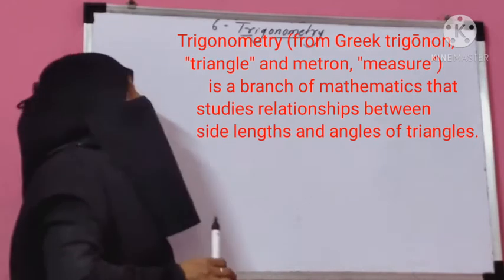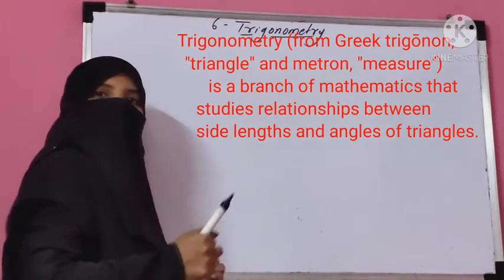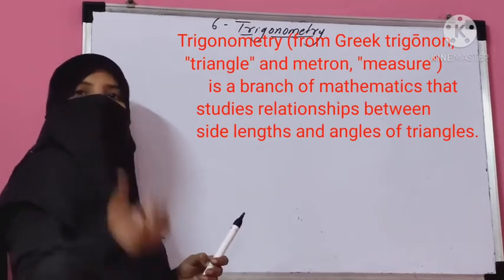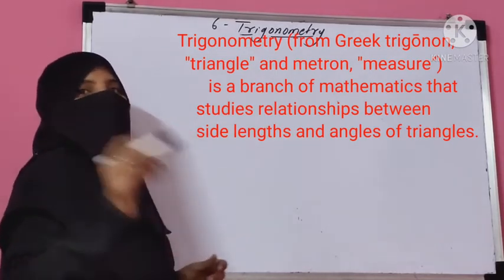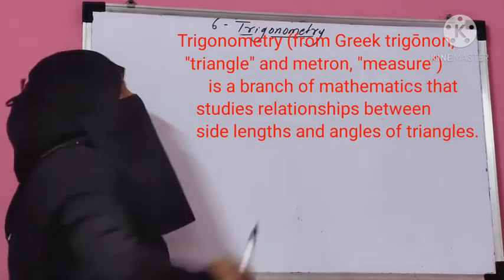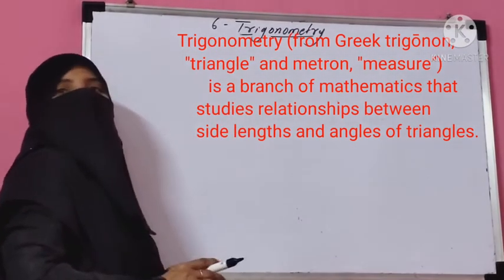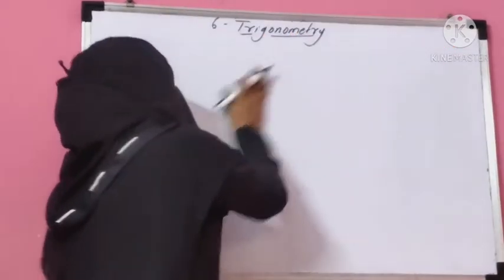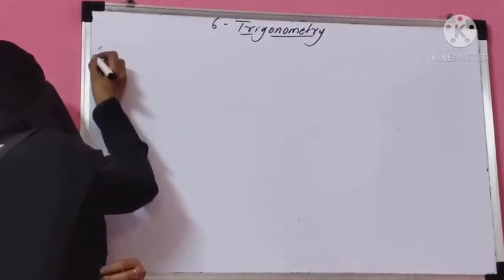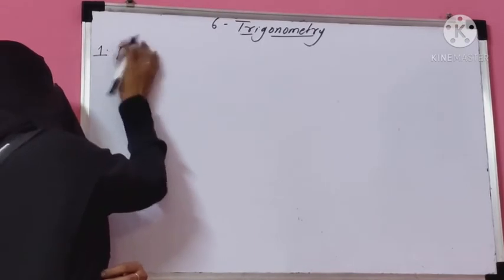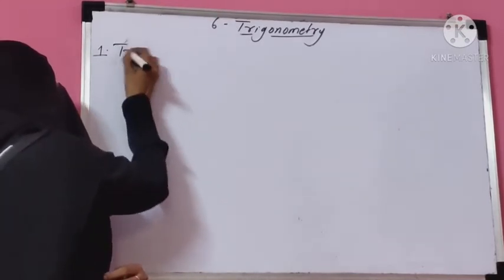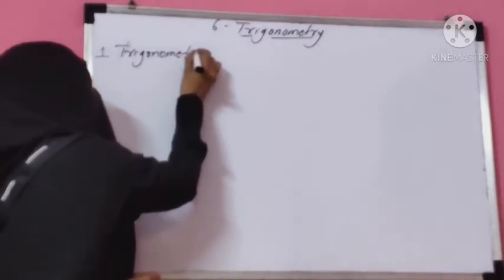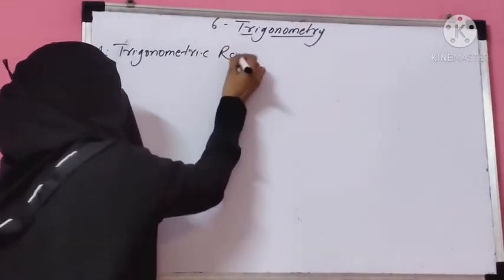Once again, trigonometry is the branch of mathematics which deals with finding the length of the sides of the triangle and the measure of angles of the triangle. Trigonometry basically deals with the right angle triangle. The first concept that I'm going to start is trigonometric ratios.